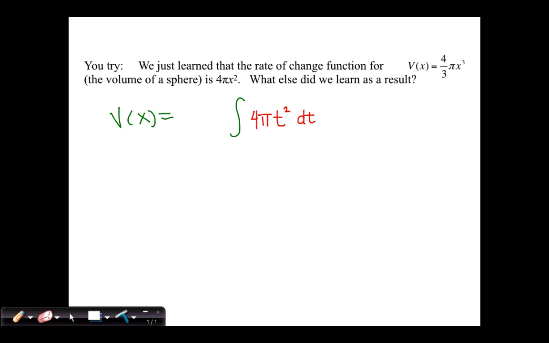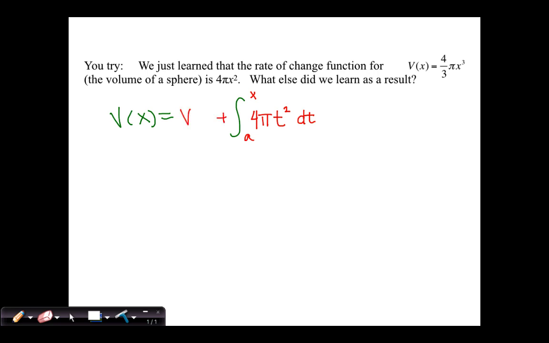So here's my m dx sort of expression: the rate and the amount of time that I use that rate for, where t takes on all the values between, here's where you have options. Yeah, I can use a and x, and if I have that, what else do I need here besides that?